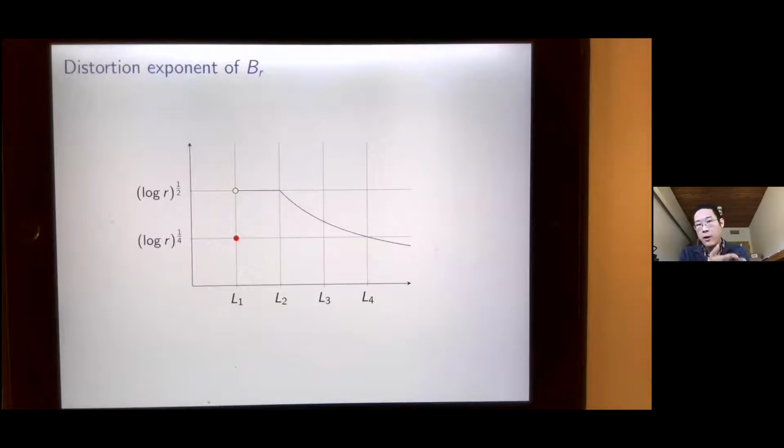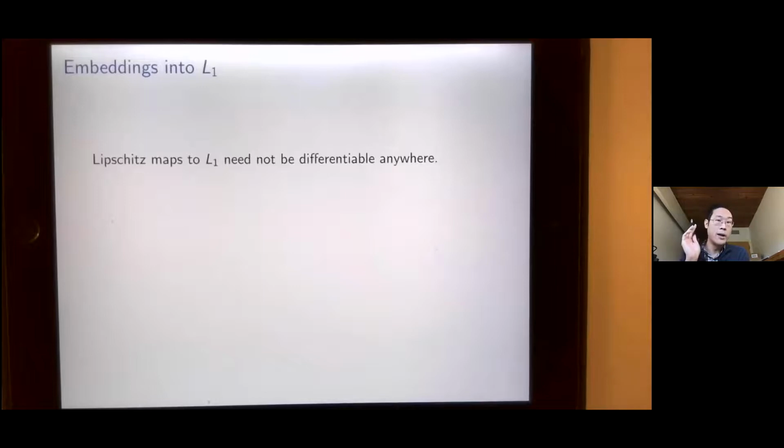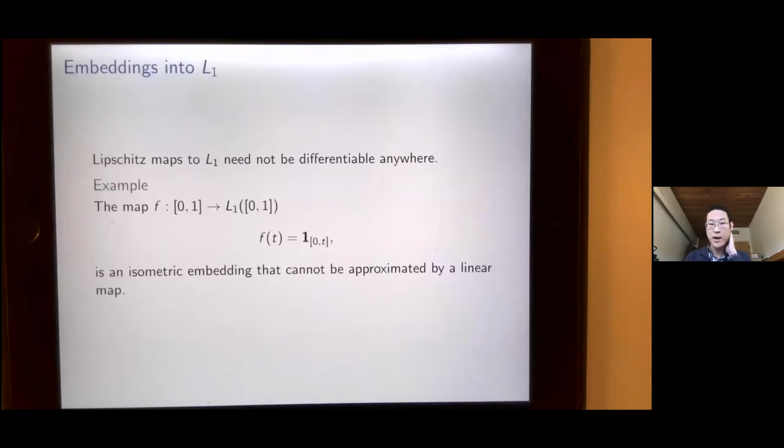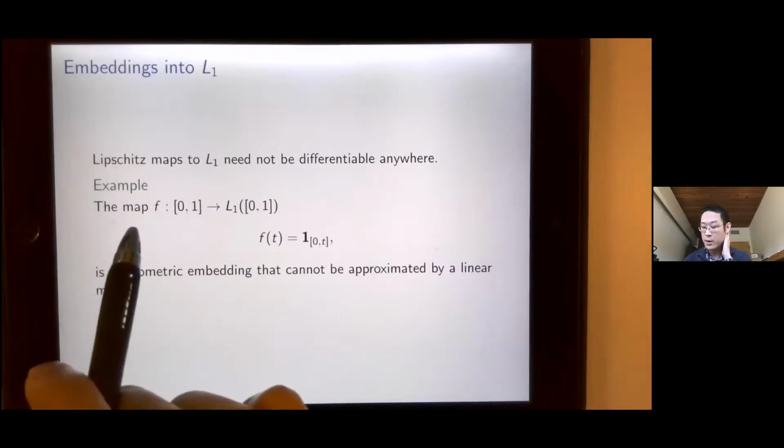And so in L^P, you couldn't have a map that's bumpy everywhere. You couldn't have a map that's far from linear at every scale, because that would violate Rademacher's theorem. In L^1, you can. Lipschitz maps to L^1 need not be differentiable anywhere, and in fact, you can construct an example.